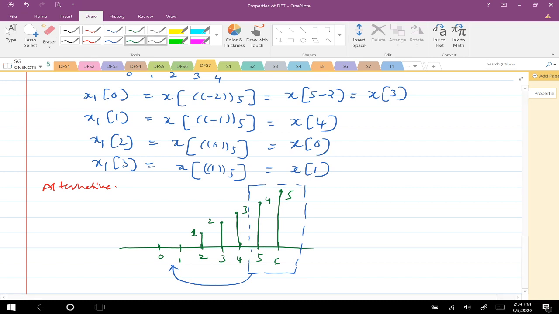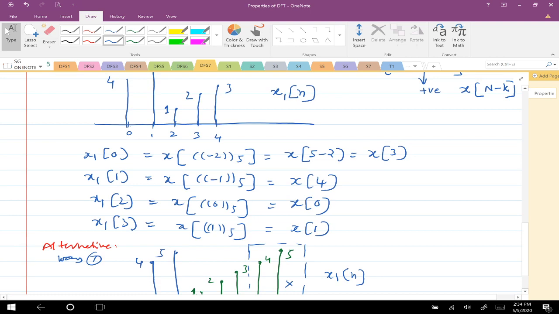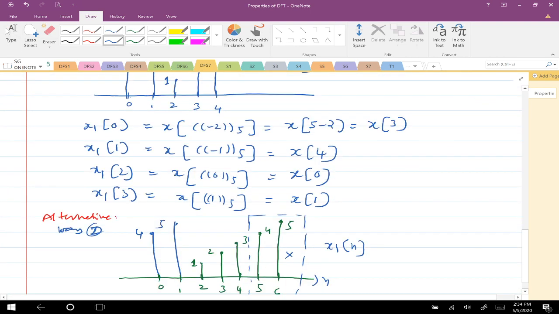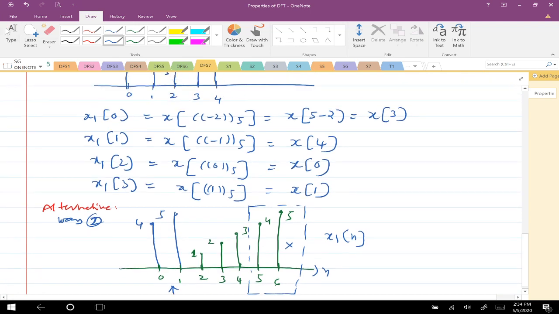Let me draw it in blue only, so that it is easy to follow. This is 4 and I would get here 5, and you drop that out. This is your n, this is your x1 of n. So this is another alternative way. Okay, this is if you consider the first one. So 4 5 1 2 3.